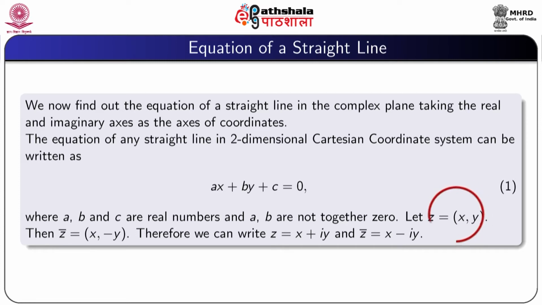So, let z equal to ordered pair (x, y). So, obviously, z bar equal to ordered pair (x, minus y). Therefore, we can write z equal to x plus iy and z bar equal to x minus iy.